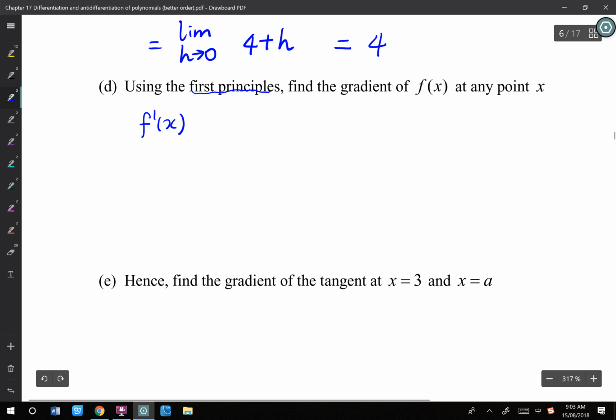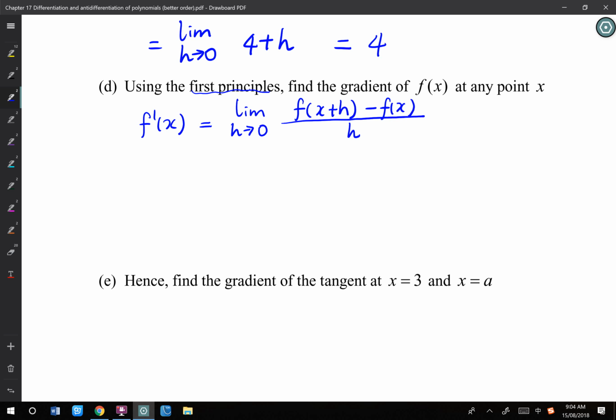So f'(x) equals the limit as h approaches 0 of f(x + h) minus the y value at x, over h. Well, it's x plus h minus x, which is h, the increase in x.